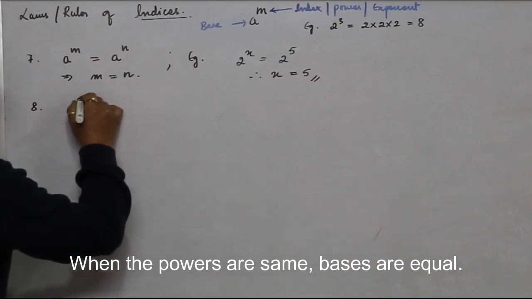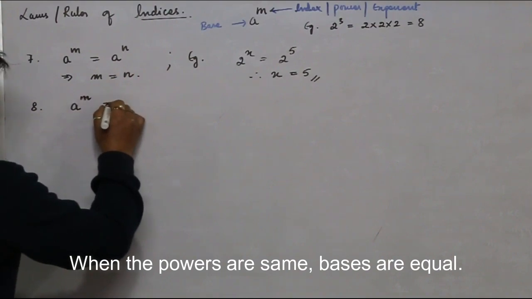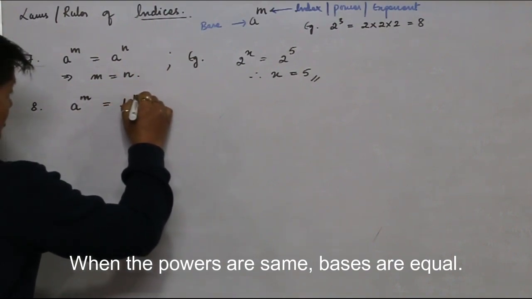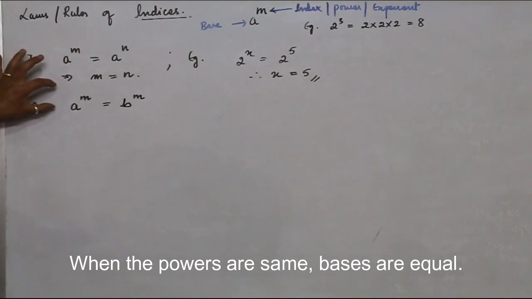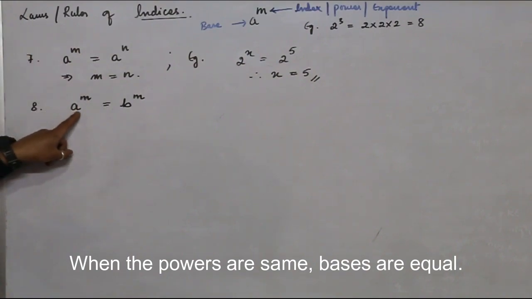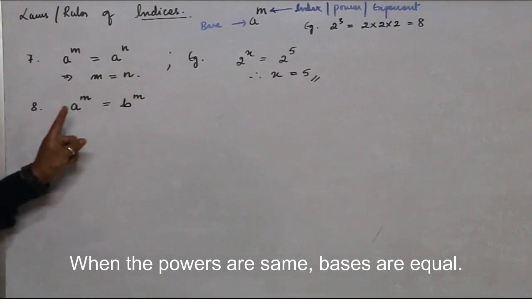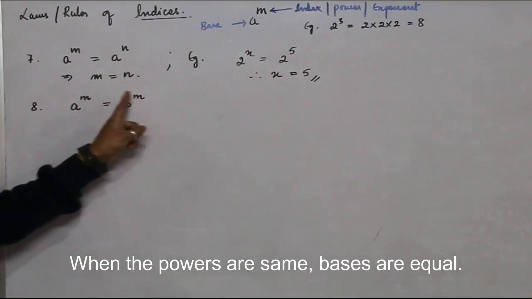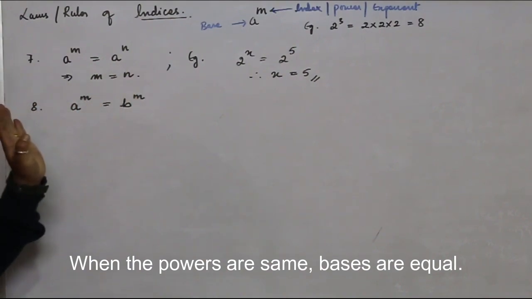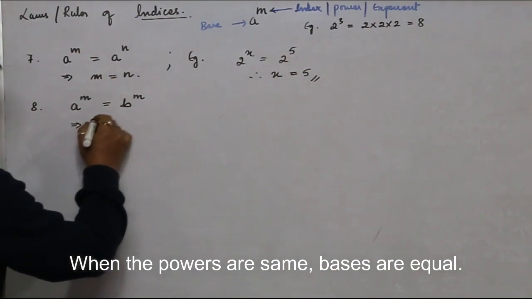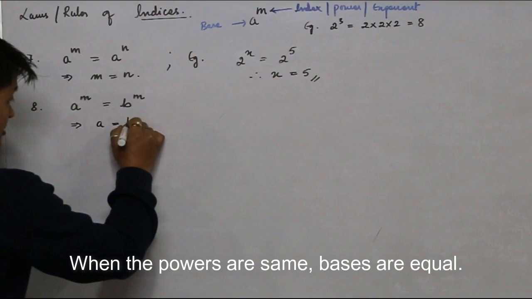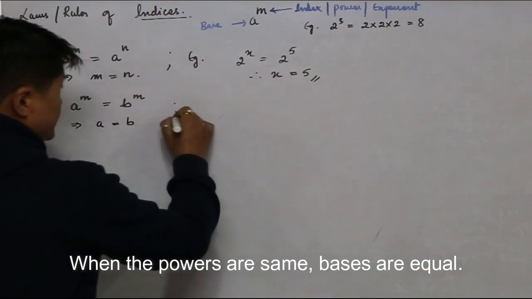Similarly, rule number 8, if we have a to the power m is equal to b to the power m. The difference here is a to the power m, b to the power m. Here you notice that the powers are the same, the bases are not the same. When the powers are the same, then their bases are equal, a will be equal to b.